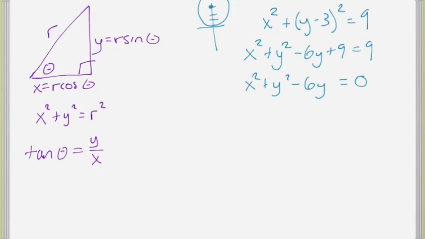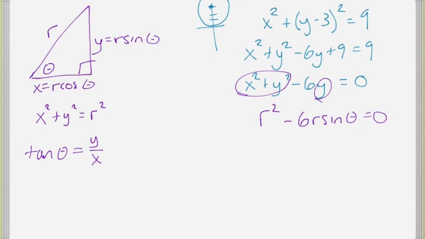Then I want to look for things that are in these purple equations that I can substitute or replace out into this blue equation. And I've got this x squared plus y squared is r squared. And I've got that y is equal to r sine of theta. So this would be the polar form of that same equation.